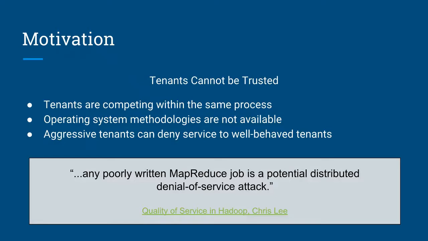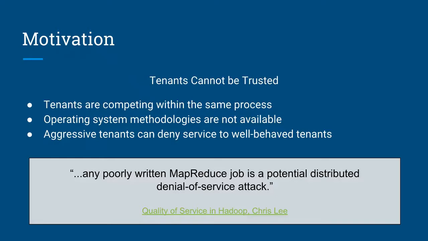One of the things that's been learned from having this infrastructure in the real world is that tenants can't be trusted. Tenants are competing within the same process for resources. In the past, you were dealing with packets coming from interfaces competing to get routed to where they're going, or processes competing with a scheduler to have runtime, things that usually happen at the operating system level.